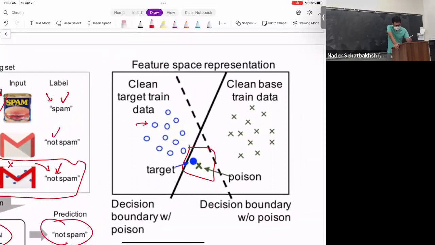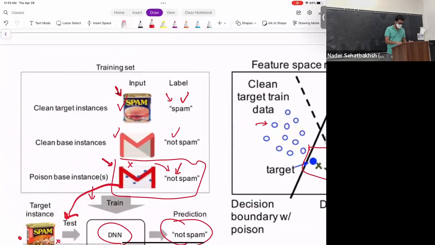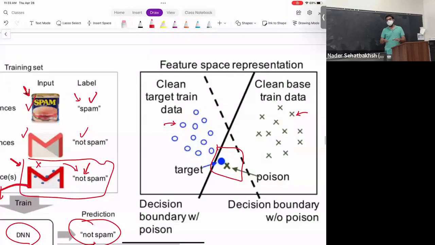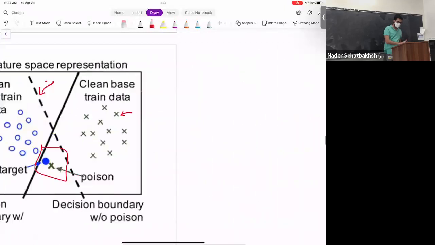So if you have some clean base data which are not spam, and some clean target data which are spam, and we train the system pretty well, we can distinguish between them pretty well. So basically what will happen is you can have some sort of a decision boundary like this, where you divide these two. So let me actually plot it here.